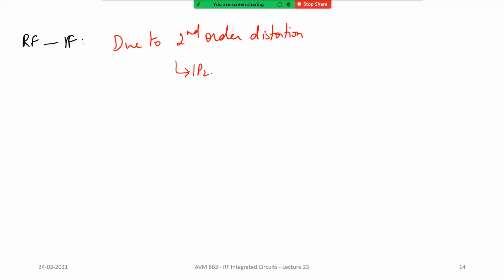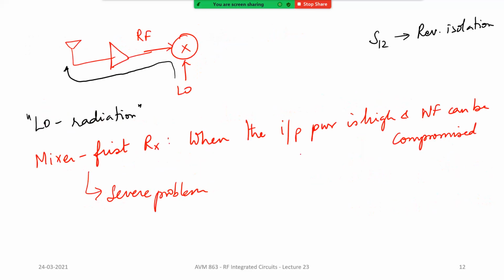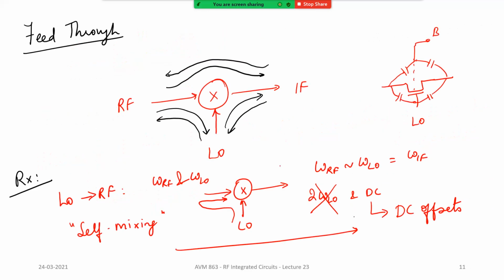Of course, if the LO leaks over to IF, it can directly be taken care of because of the filter, and IF to LO also will not have much. But these are the main problems, especially this LO to RF self mixing and RF to LO oscillator pulling. These are the main issues. So this is what is called feed through.